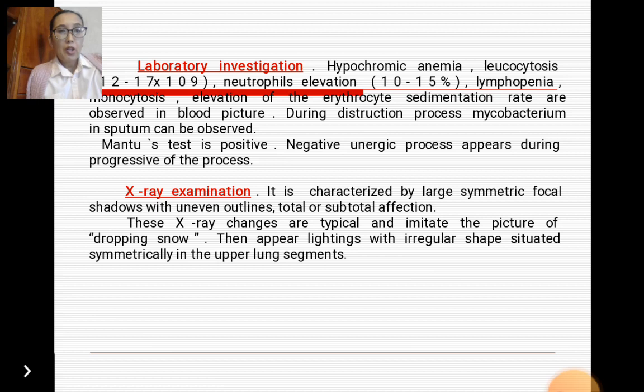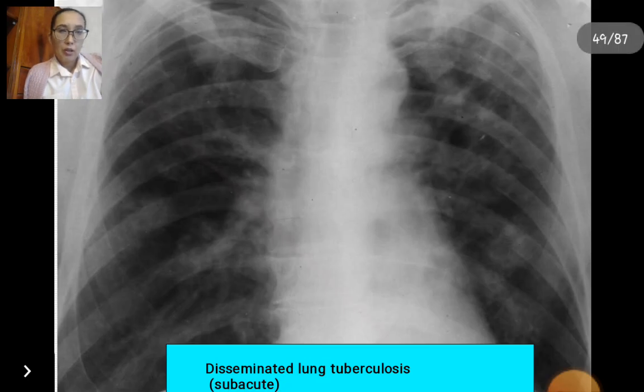These X-ray changes are typical and imitate the picture of dropping snow. Lightening of regular shape appears, situated symmetrically in the upper lung segments. In this picture you can see subacute disseminated lung tuberculosis.